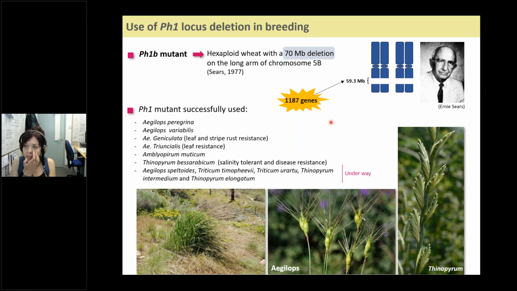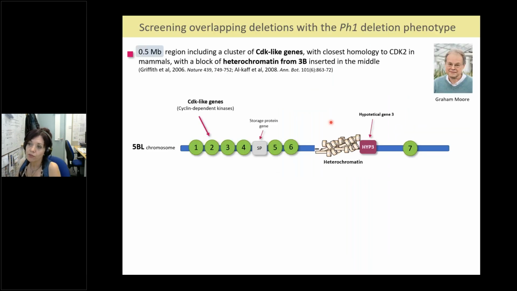So as you can imagine, both to understand polyploidization and also to use it for wheat breeding, it was very important to identify the gene or the genes behind this locus. However, we had to wait almost 30 years until Ph1 was defined to a smaller region.